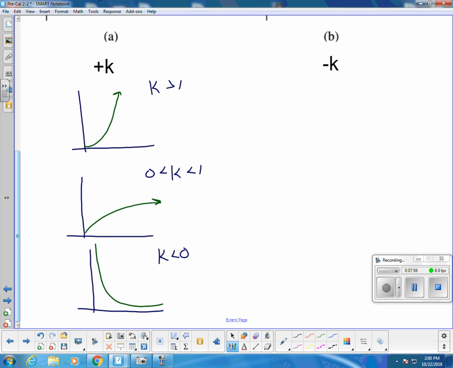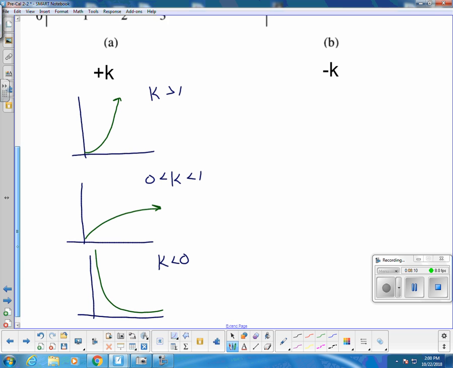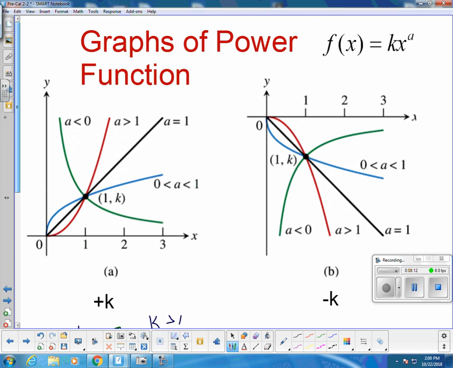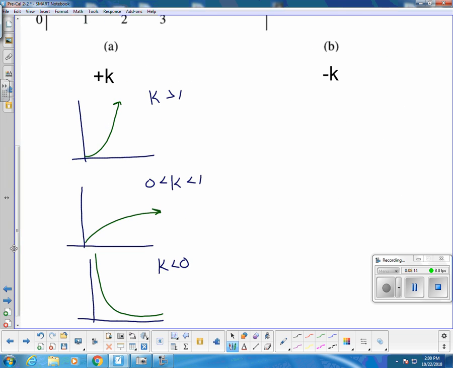Okay? And if k is 1, it's a straight line. Now, understand, that's the first quadrant. Quadrant 1. If I'm using the wrong variable, don't yell at me. Those are all a's. Just erase. That's why we use pencils, guys, because we all make mistakes.